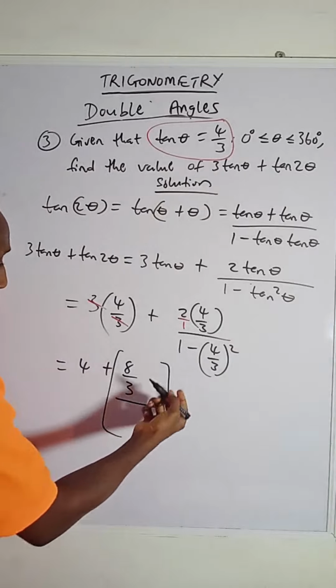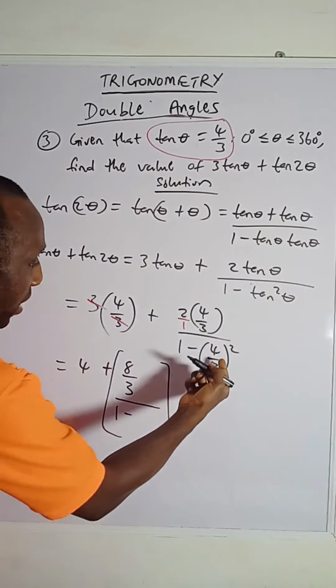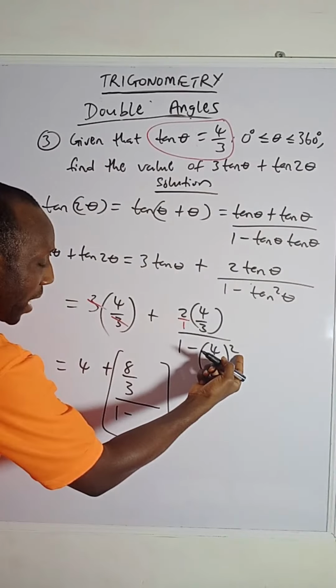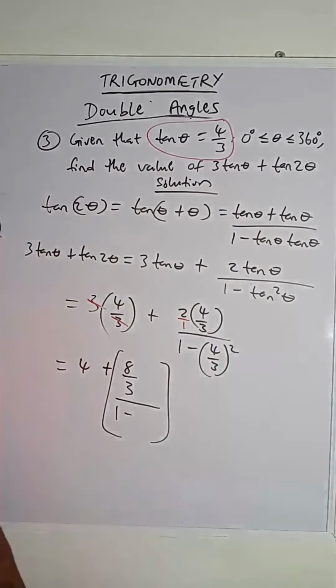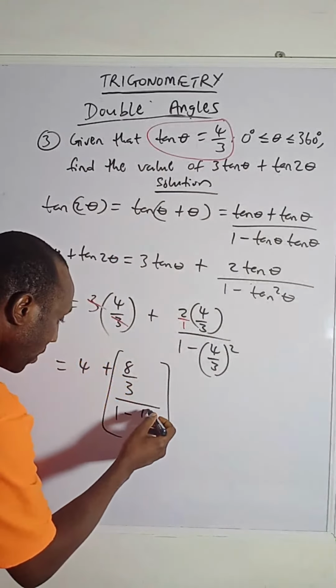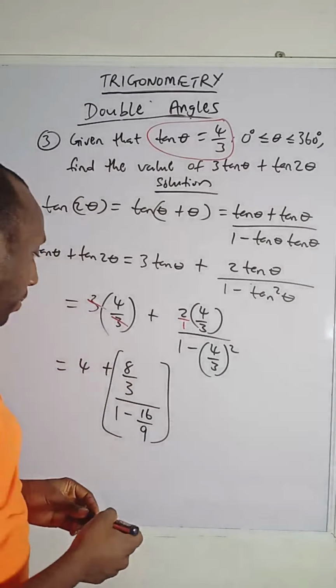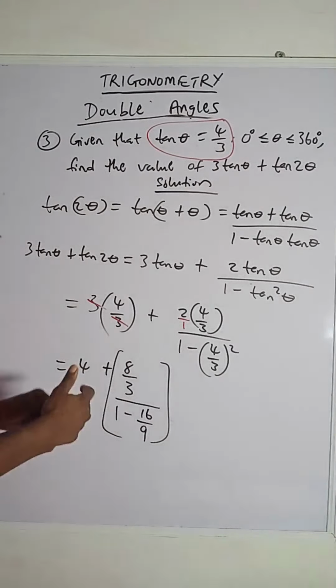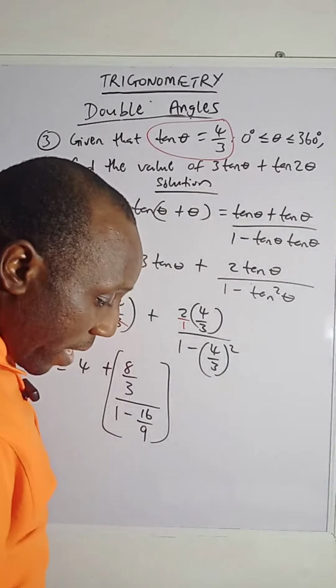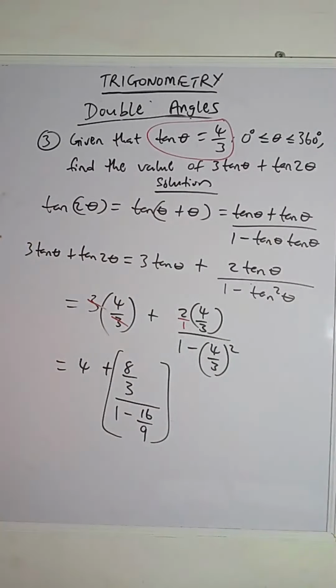Then divided by 1 minus, this square will be applied to 4 and to 3. So 4 squared is 16 and 3 squared is 9. You see that? Hope we're making progress. Is there any mistake anywhere? Please do let me know.